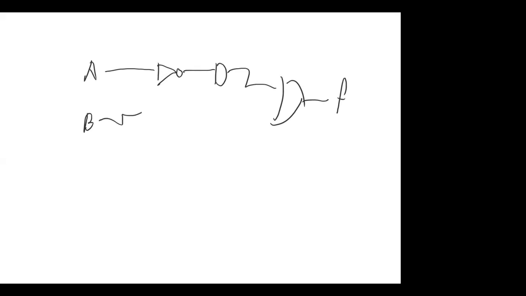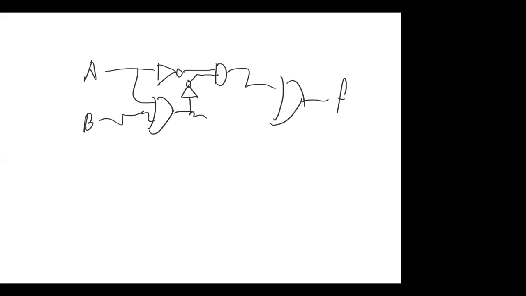A goes into an inverter, which then goes into an AND gate, which then goes into an OR gate, which then makes a function F. B goes into an OR gate. A goes into the same OR gate. And then we have an inverter that goes into the AND gate.